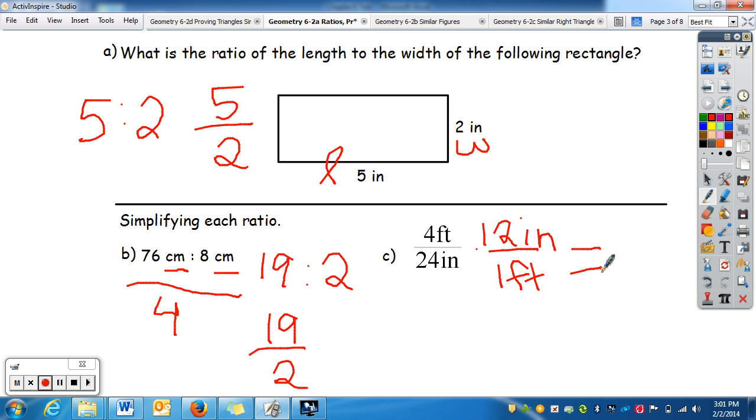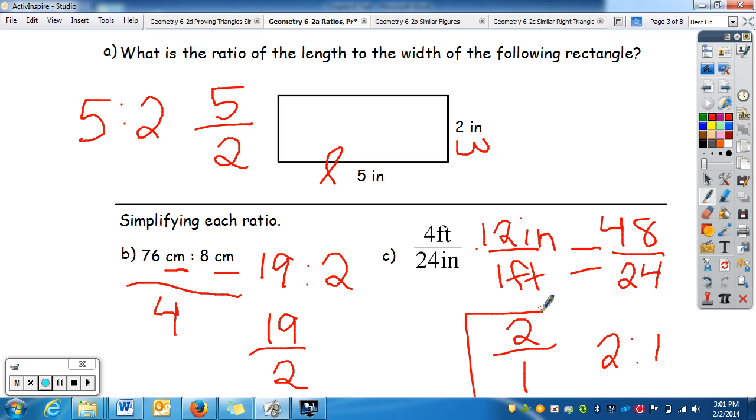So we get 48/24, and you should have already done this in science, so it should be a review, which gives me 2/1, or 2:1. That's my ratio. And 19/2. Alright?